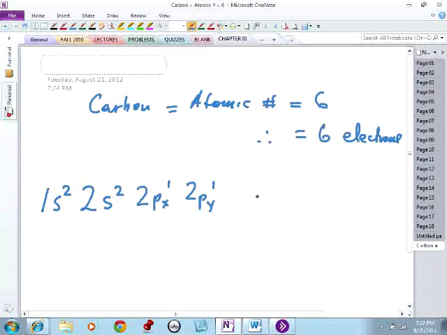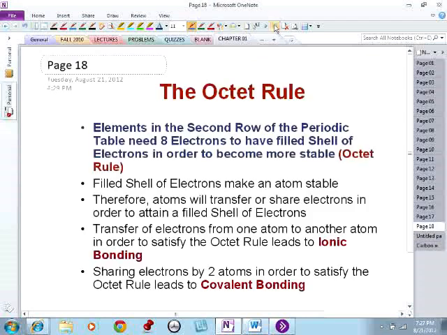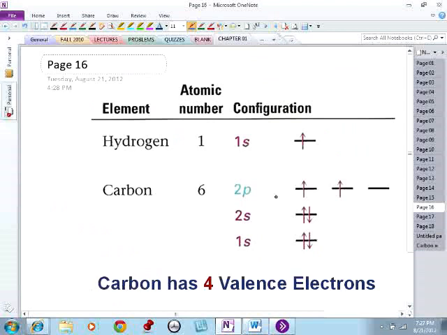Now, what you need to know is, whenever you have electrons to be distributed among a set of orbitals, if those orbitals have the same energy, you make sure that each one of those orbitals gets 1 electron before you fill up any orbital.